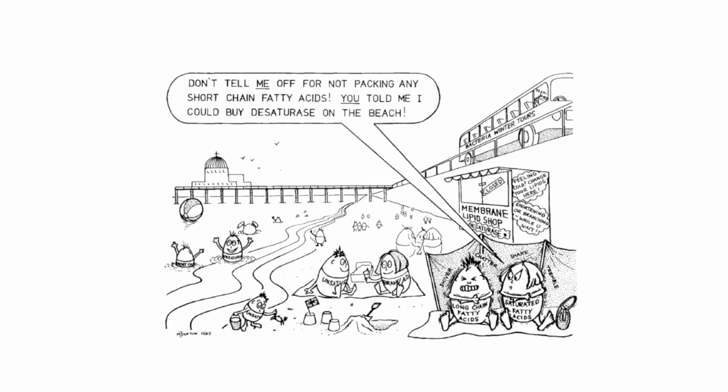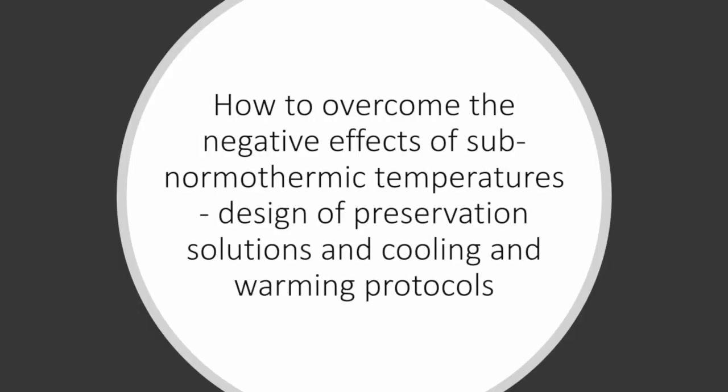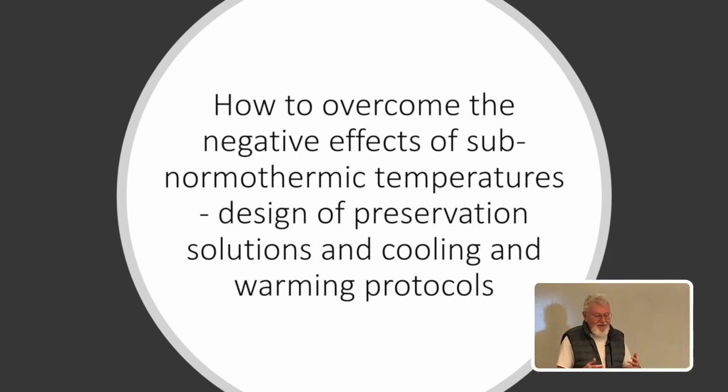So what are we going to do about that? The main question is, how do you overcome the negative effects of subnormal temperature, knowing that the mass transfer across the cell membrane cannot be controlled anymore? And by the way, the cell membrane is probably the most important element of a cell, because it separates the interior of the cell and the exterior of the cell.